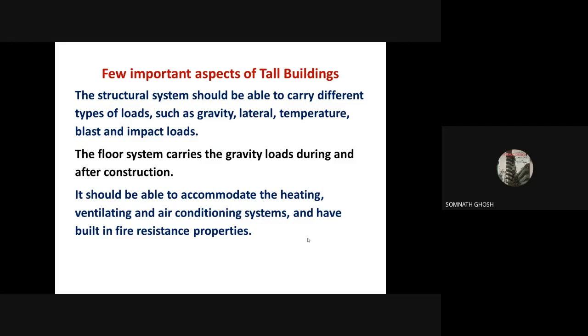If you design a building without considering the temperature fluctuation, which is happening, maybe in India, say around 40 degrees centigrade, if you do not include it in the analysis, you will find that your design is unsafe. So just think about tall buildings. If you don't consider all these aspects, then you are totally dealing with an unsafe design.